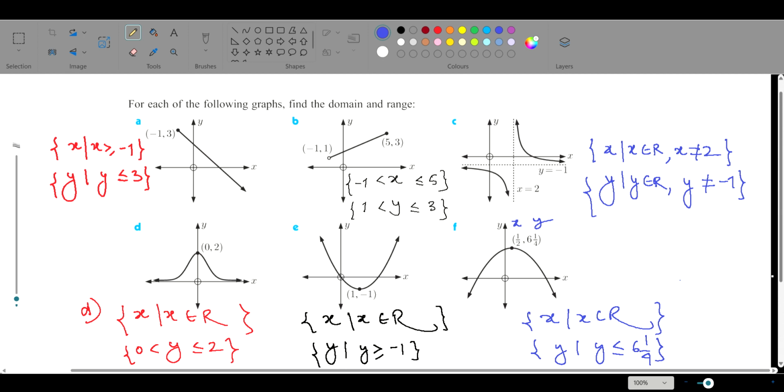And if you see this graph, tell me, will this graph go beyond 6 1/4? Do we have any y value beyond 6 1/4? No, it is coming down from there. So 6 1/4 is the highest y value, and from there it is only coming down. Right. Are you getting this?